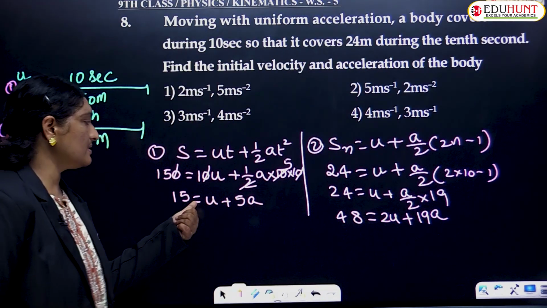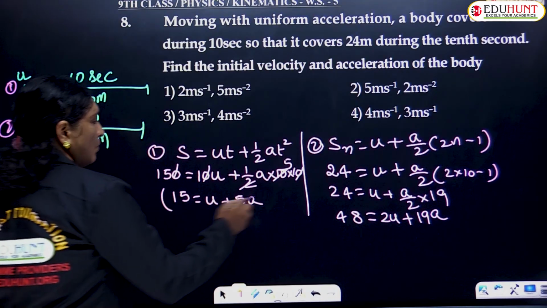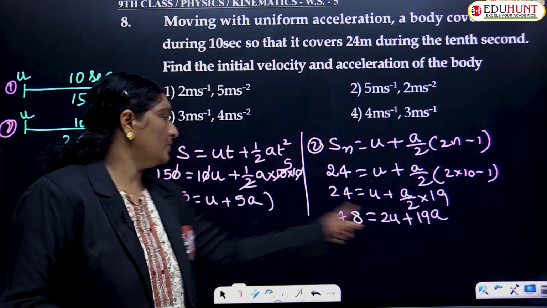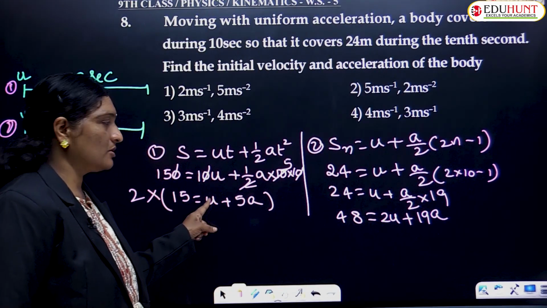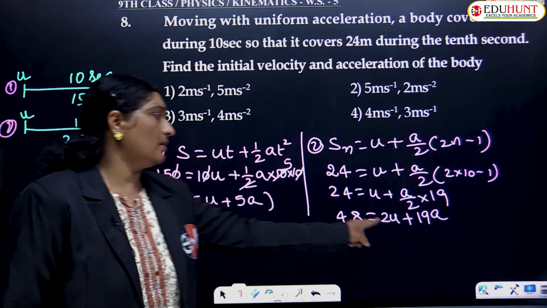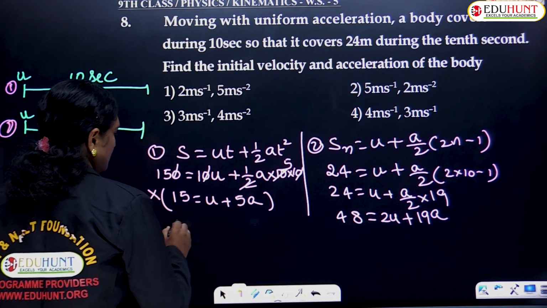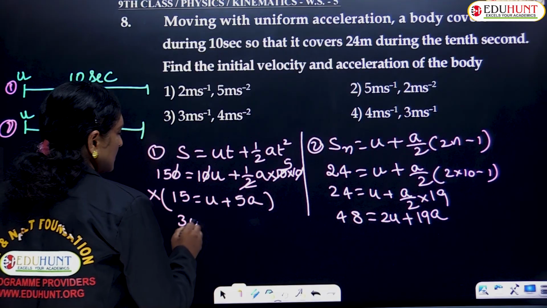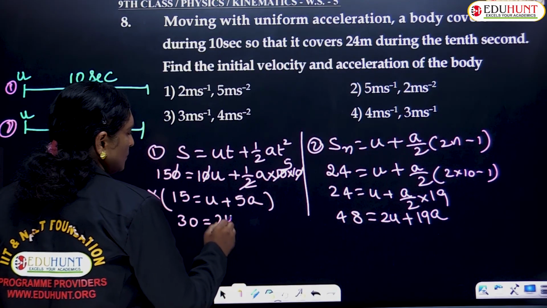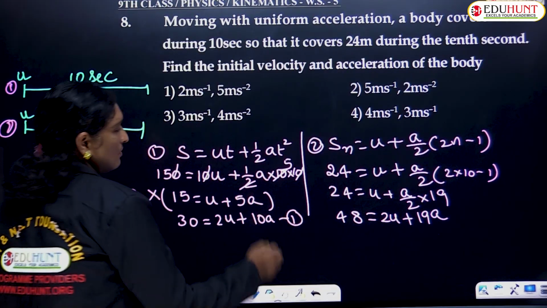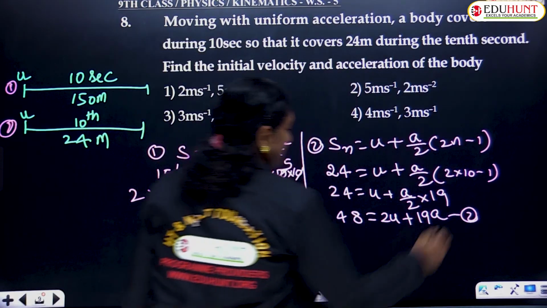So multiplying this equation with 2, we can make the value of u common. If you multiply with 2, you'll get 2u, here also 2u. Hence the equation will be 30 equals 2u plus 10a. Let this be equation 1 and let this be equation 2.